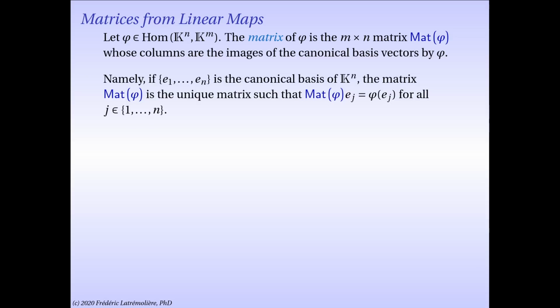More formally, if E1 etc. En is the canonical basis of k to the n, then the matrix of phi is the unique m by n matrix such that the matrix of phi times the vector E sub j is the image by phi of the vector E sub j for all integers j between 1 and n.